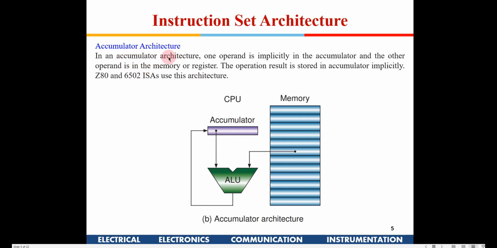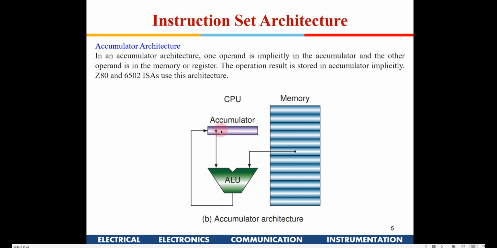The other one is known as accumulator architecture. In this, there is one accumulator. The accumulator is nothing but an internal register within the CPU, while memory is external to the CPU. One data will be brought from the memory, the ALU will do the operation, and the second operand has to be the accumulator. The accumulator is a register, and the result will also be stored in the accumulator.